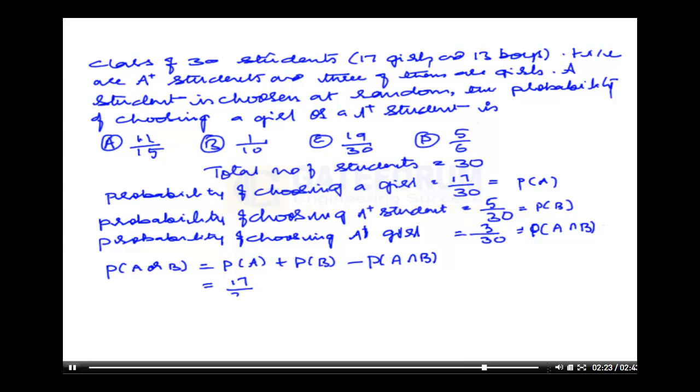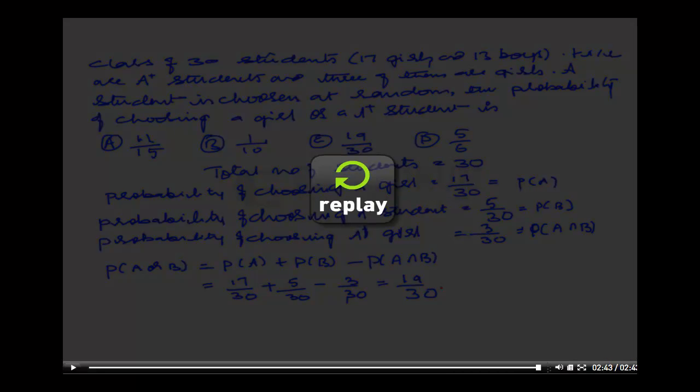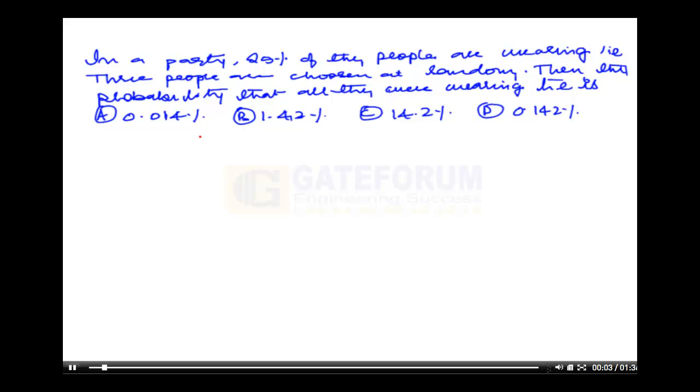Therefore, 17 by 30 plus 5 by 30 minus 3 by 30. So 17 plus 5 is 22, 22 minus 3 is 19 by 30. Answer is C. Consider the number of people to be 100.